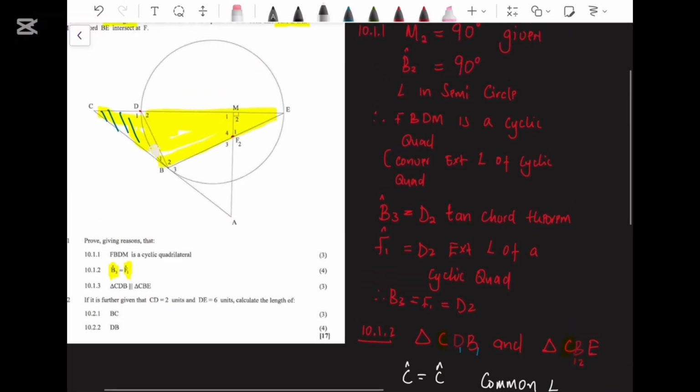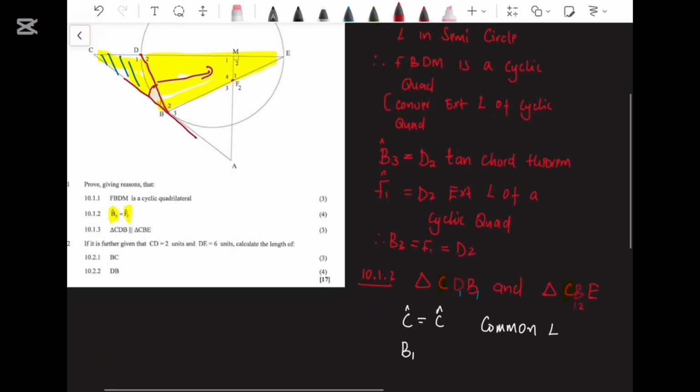So B1, here is B1. B1 is an angle between the tangent and the chord. Remember, this is the tangent. If we use DB as a chord, we get our angle B1. And the angle that is opposite to the chord is E. So B1 is equal to E. Why? This is the tan-chord theorem.